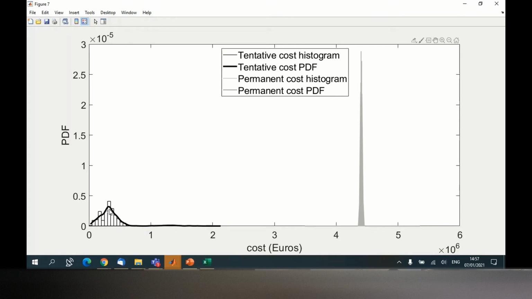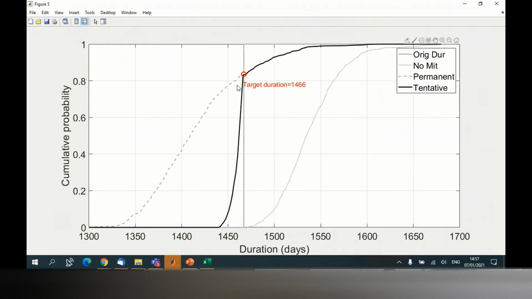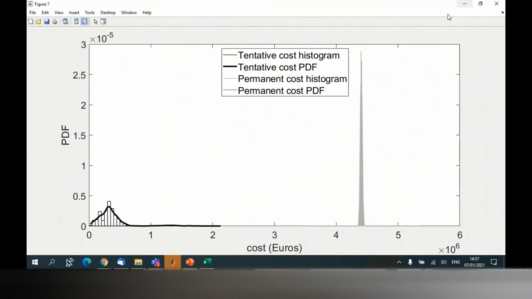So the mean value here, or the most likely value, is like 300,000. So most likely, if you use a mitigation controller, you are going to pay 300,000. If you don't use a mitigation controller, if you implement all mitigation measures in every iteration without optimization, related to this curve, you are going to pay this much.